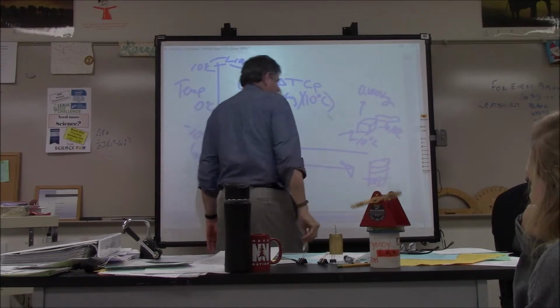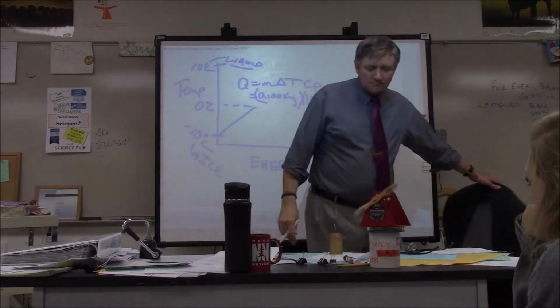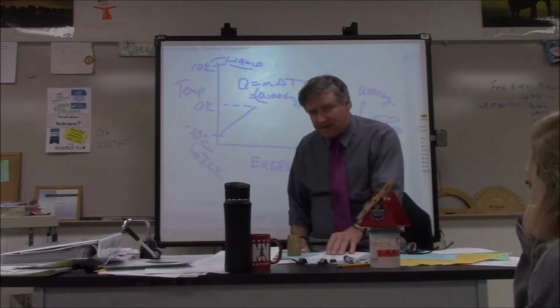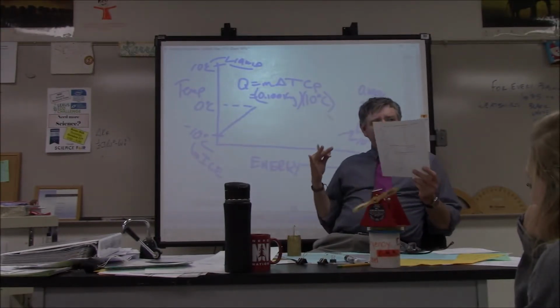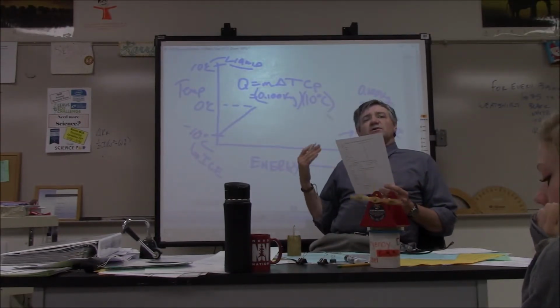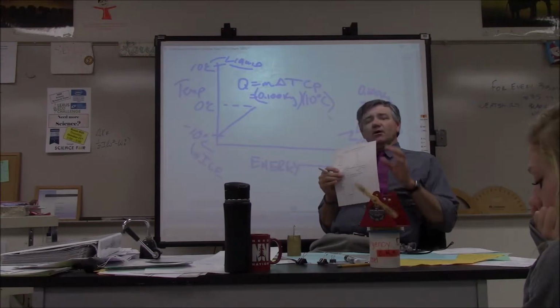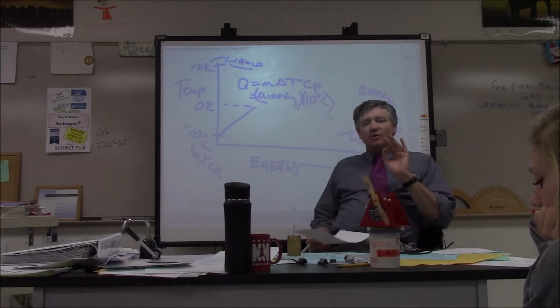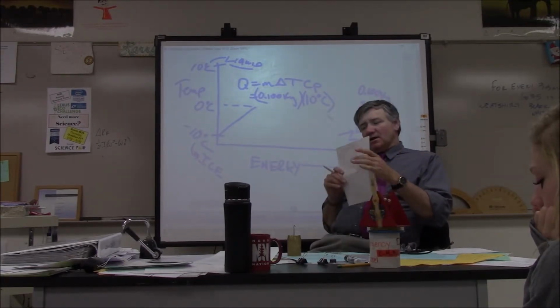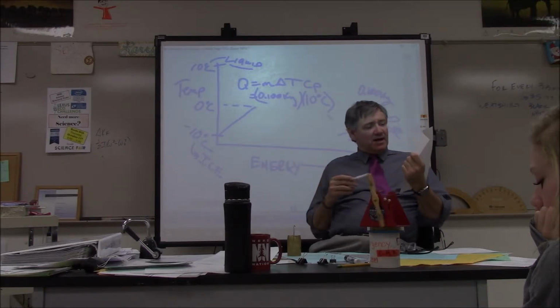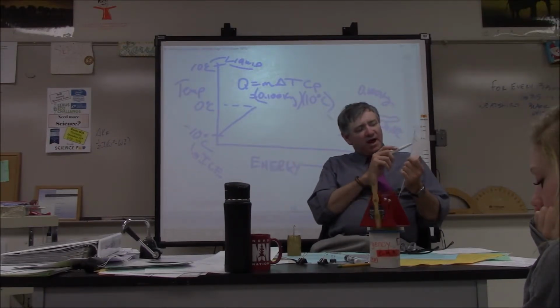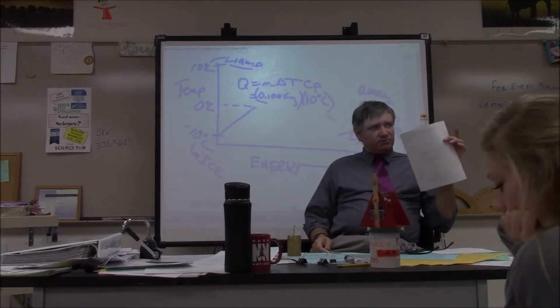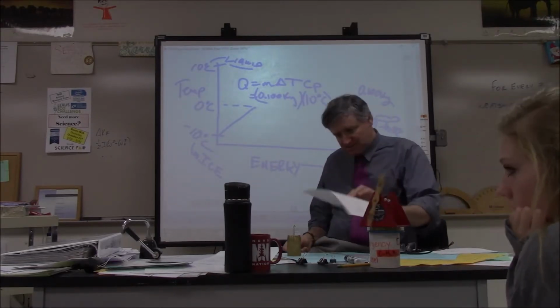Now, here's what you have to watch. On your specific heat calculations, you have 3 different phases of water: liquid, solid, and gas. So you have to pay attention to what phase that water is in. In this case, because I'm dealing with ice, the specific heat of ice is 2100 joules per kilogram degree Celsius.